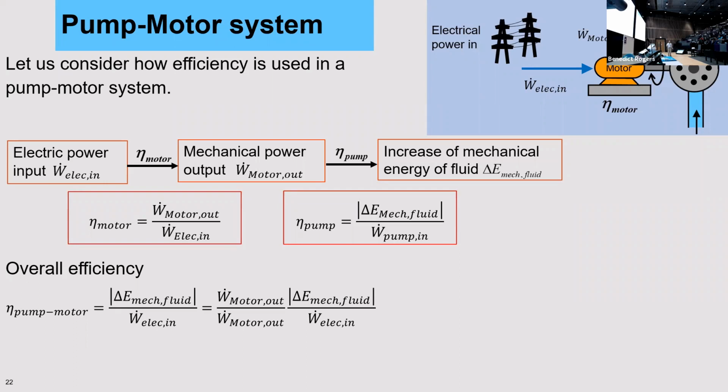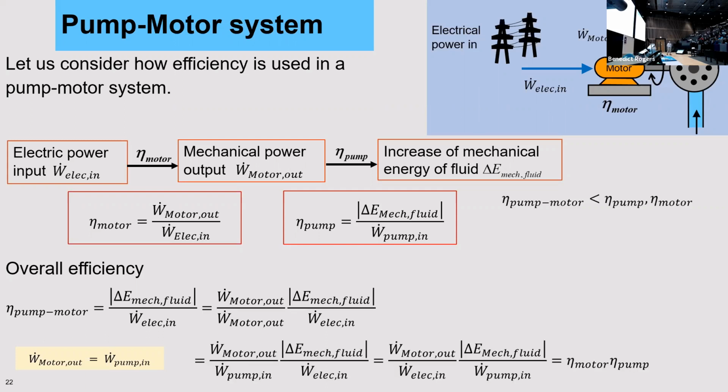So I've just multiplied it by the motor work out, and I've divided by the motor work out. So I've multiplied the whole thing by 1, because now I can see how I can substitute in my expressions for the efficiencies above. So the motor power out is equal to the pump work in.